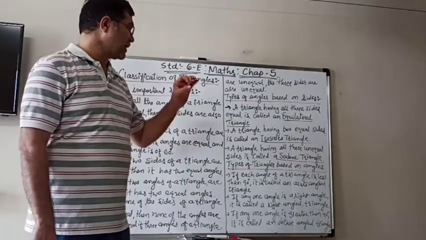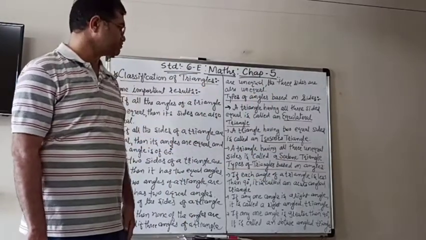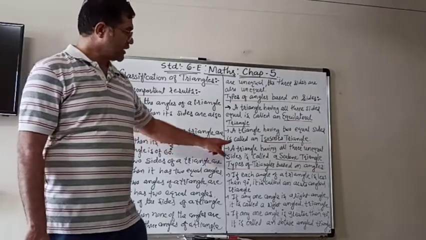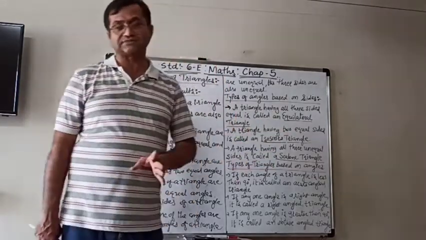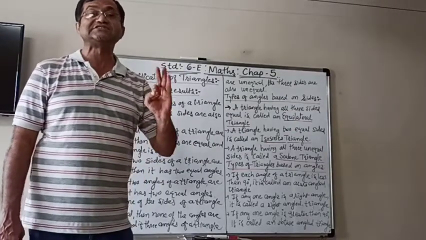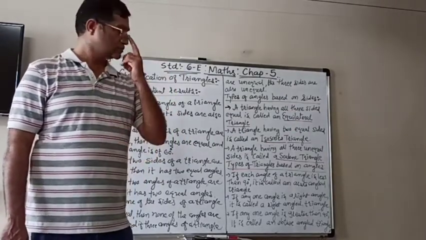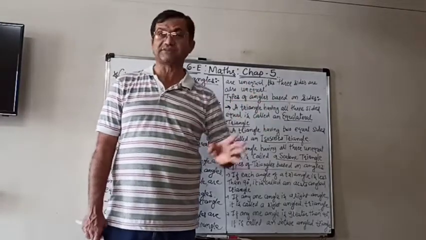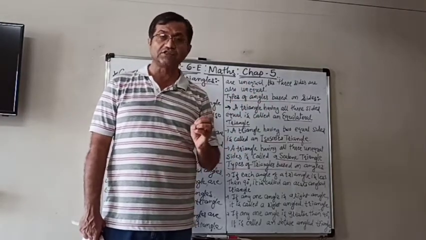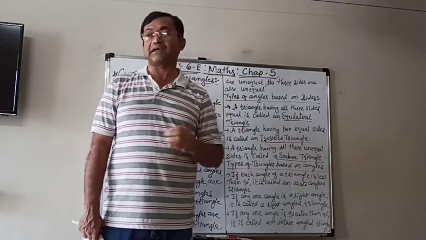And the last, a triangle having all three unequal sides is known as a scalene triangle. So if all three sides have different measures, then it is known as a scalene triangle.